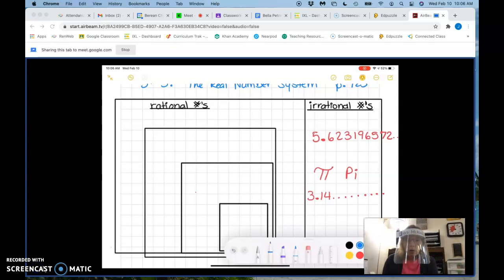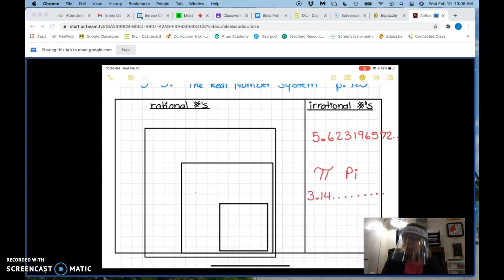So rational numbers are fractions or decimals that have an end, or sometimes the decimal repeats. For example, the fraction 2/3 equals the decimal 0.6666666 forever. Okay?